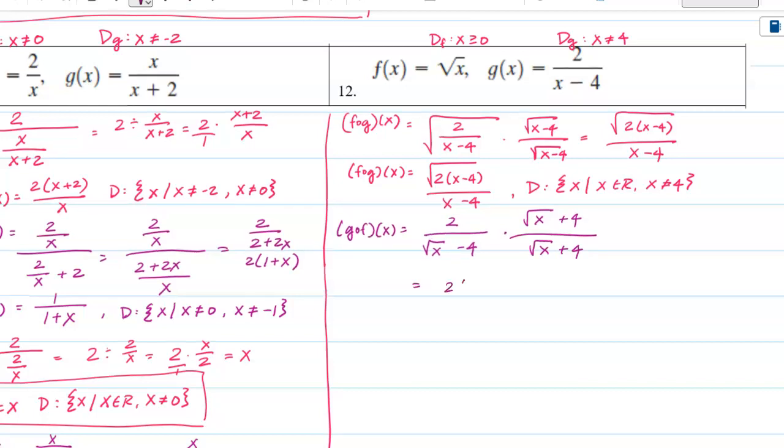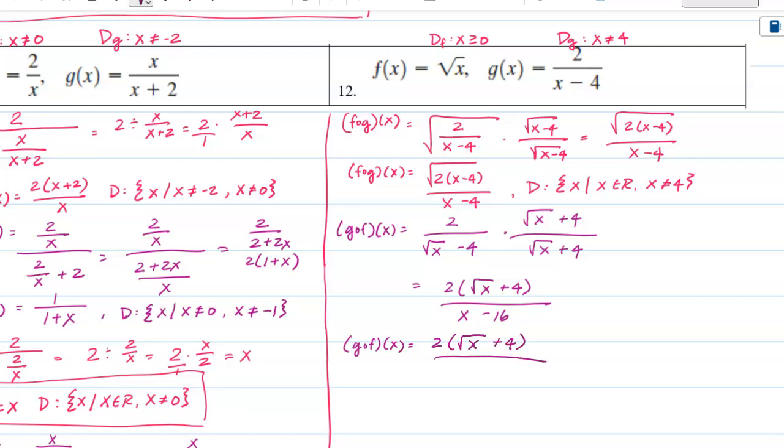So I end up with 2 times square root of x plus 4 over square root of x times the square root of x, which is x minus 4 square root of x plus 4 square root of x. Cancel out that middle term, minus 16. So g of f of x equals 2 square root of x plus 4 over x minus 16.